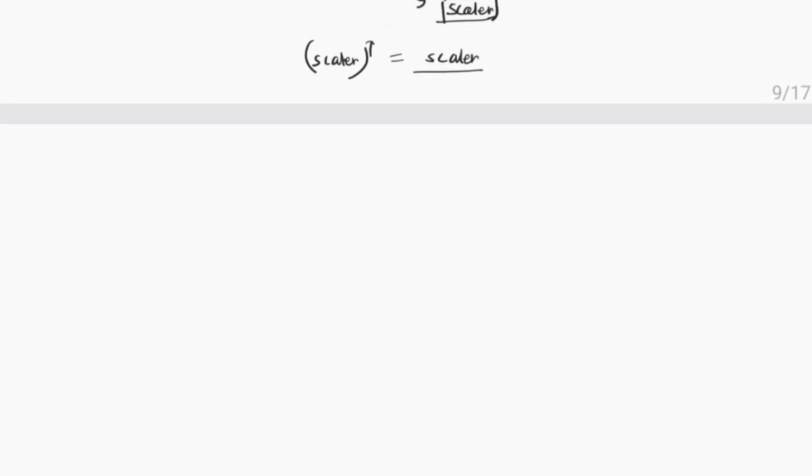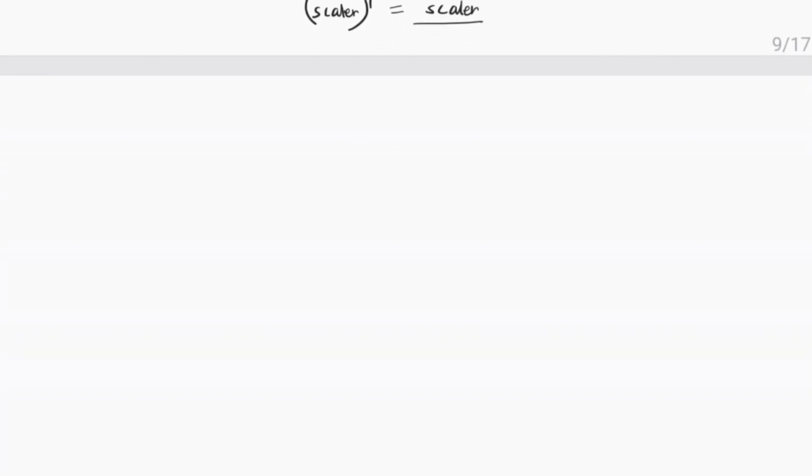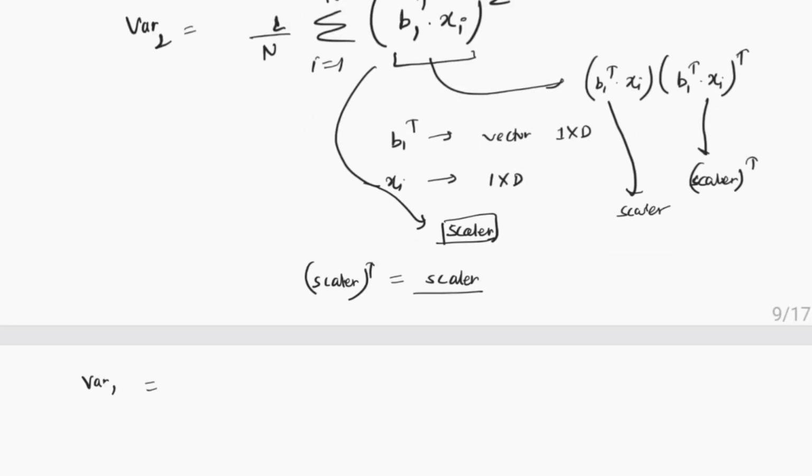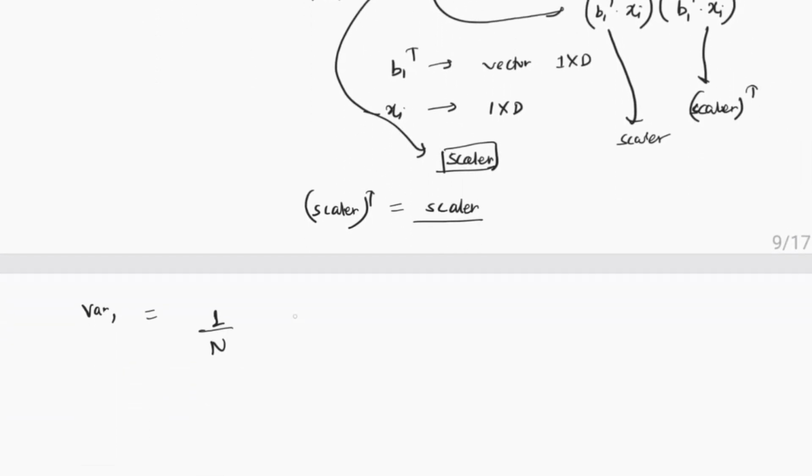So utilizing this, how can we rewrite variance 1? Variance 1 now becomes 1 by n, summation from i equals 1 to n, of b1t xi and then b1t xi transpose.